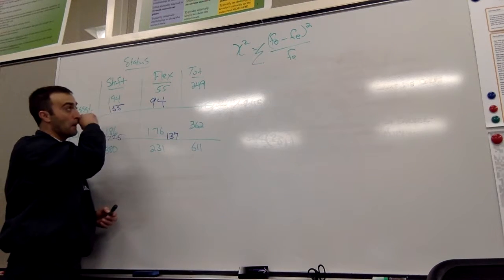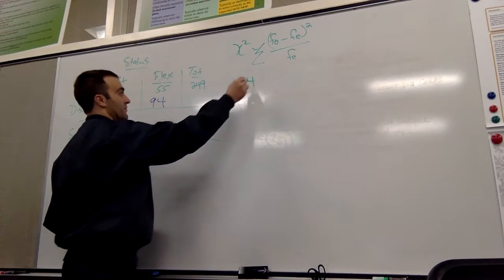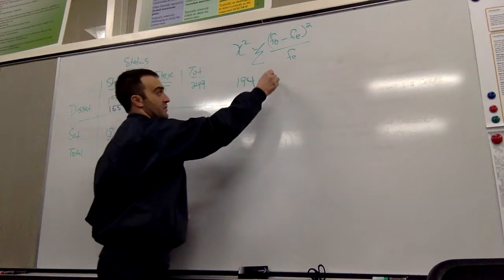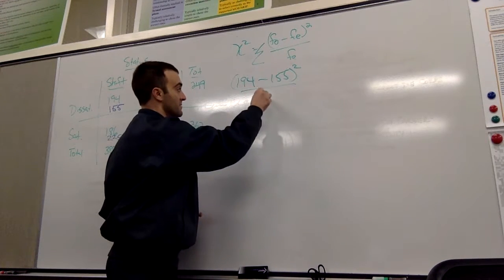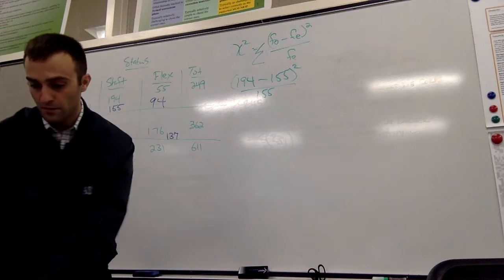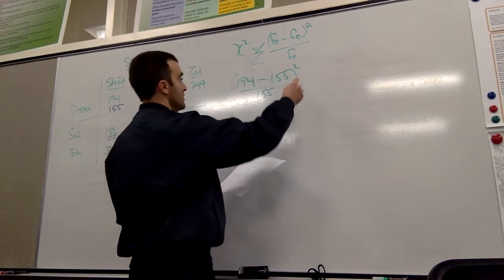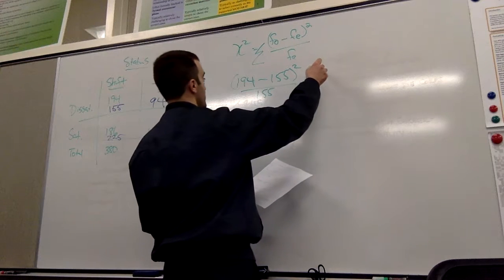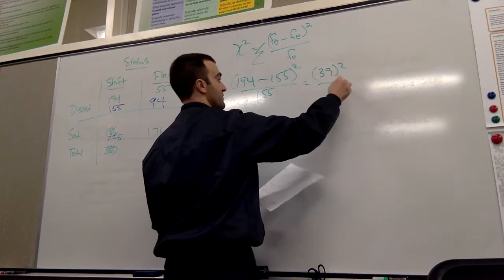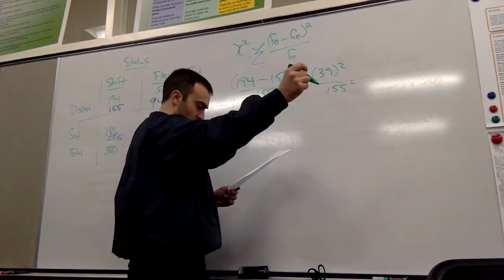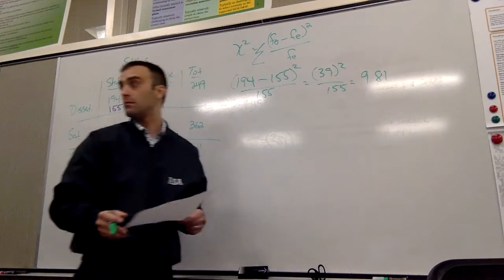So going clockwise again, starting northwest, we observed 194, expected 155. Square that difference and divide by the expected of 155. So this ends up being 39 squared over 155. And I get 9.81 when you do the math out.